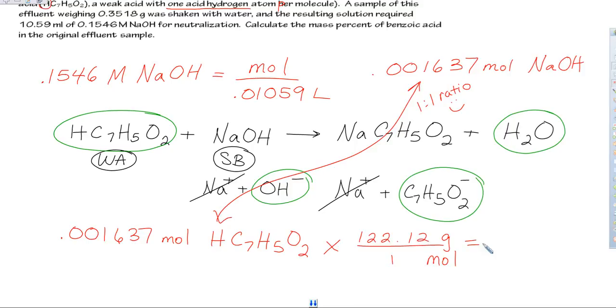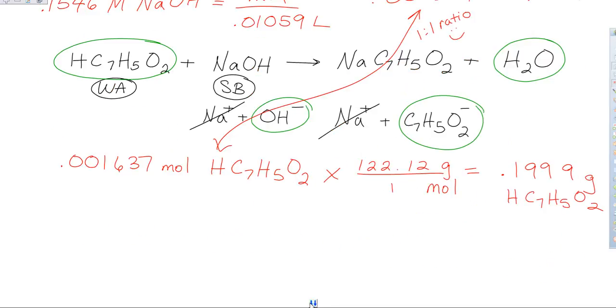Now I do get to leave 4 sig figs. So this is kind of weird. 0.1999 grams of this acid, benzoic acid, C7H5O2. Don't round that to 0.2 because we get 4 sig figs. Alright, so now I can do this percent composition.